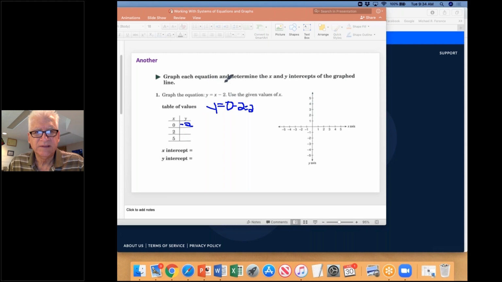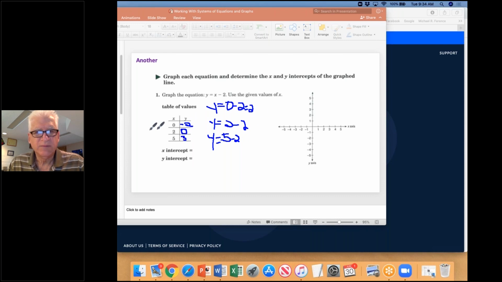And when x equals 2, y equals 2 minus 2 is 0. And when x equals 5, we have y equals 5 minus 2, which is 3.